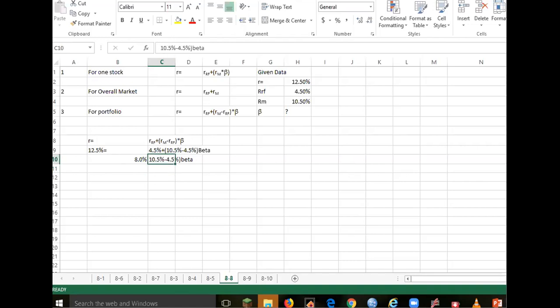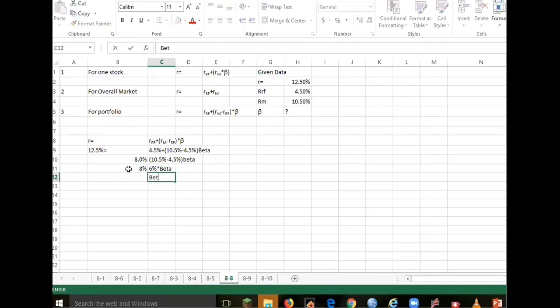When we deduct 4.5% from 10.5%, we get 6% multiplied by beta.